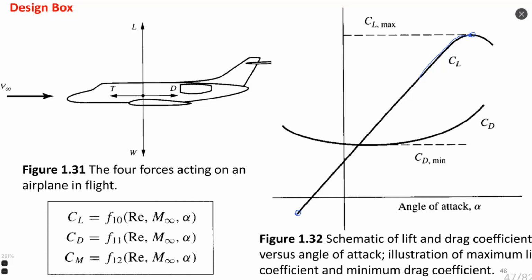When we see the drag coefficient, it usually has much smaller values than the lift coefficient, and it can have its minimum value at some small positive values of angle of attack. You can find it from 0 to 5 degrees, for example.